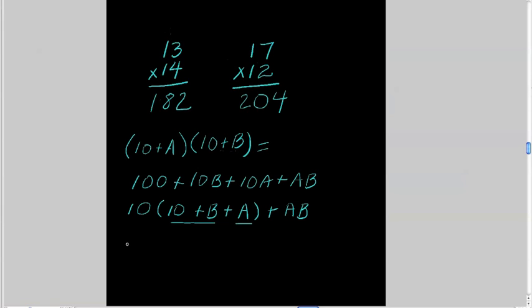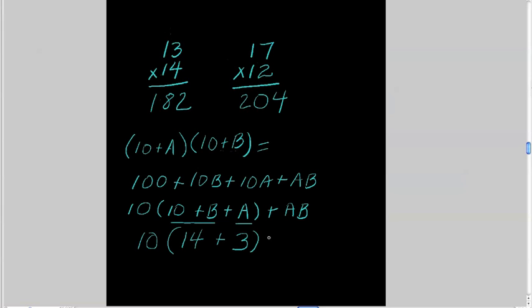Let's finish up by running our first calculation through this formula that we've proven. So remember, the first step was to take one of the numbers, let's say 14, which is the 10 plus b here, add it to the ones place of the other number, and that's 3, which is the same as a here. Then we said what? Multiply that by 10, or add a 0, same thing.